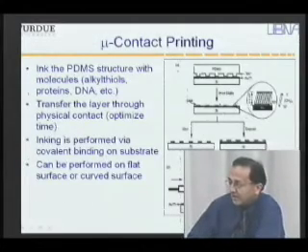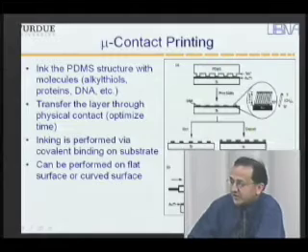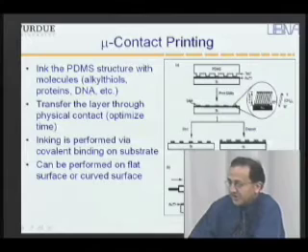For example, you can use proteins, DNA, or let's say alkyl thiol molecules. And then you transfer this biochemical layer through physical contact to another substrate, and hence the name micro contact printing. So essentially you're stamping. You can think of it as stamping.